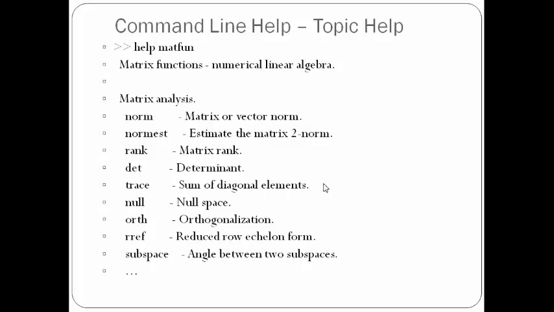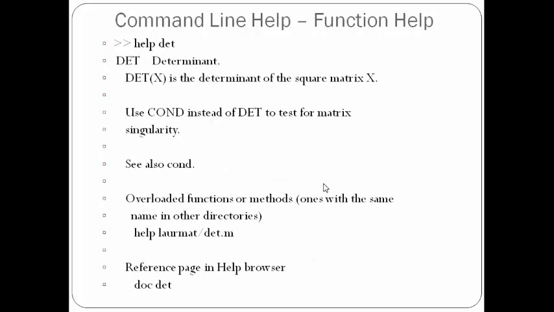Here it will show us a variety of matrix functions like norm, normest, rank, det (determinant), trace (sum of diagonal elements), null space, orthogonalization, reduced row echelon form, and angle between two subspaces. All these things we can do pretty easily by typing help for this.